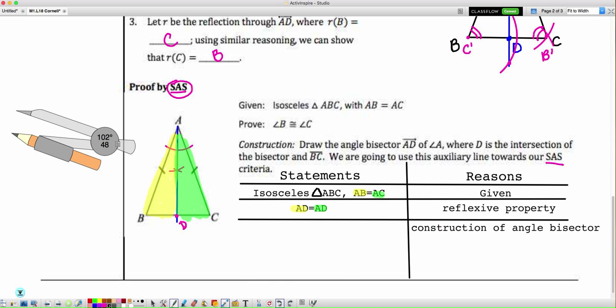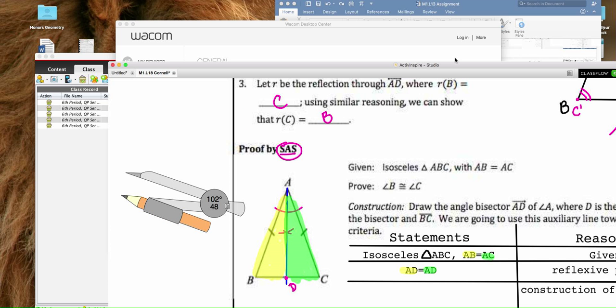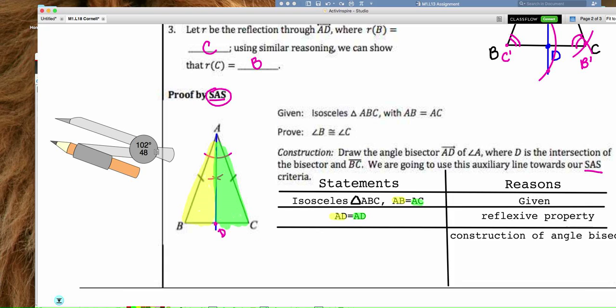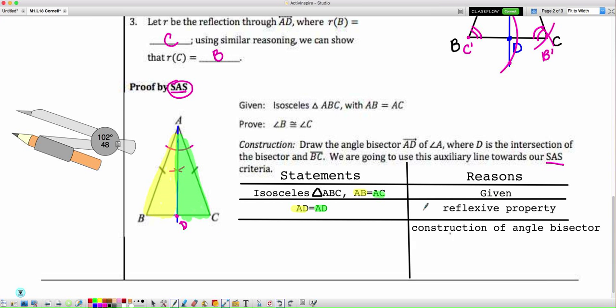So now I can actually go through and say, because of this construction that I did, this angle to the left is equal to this angle to the right, because I made it that way, right?